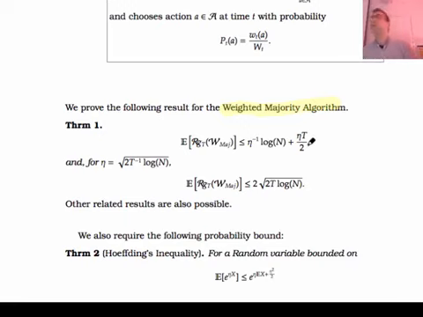If you're quite canny about the way you choose eta, then the expected regret of the weighted majority algorithm is 2 times square root of 2 t log n. In fact, for this type of problem, that's just about as good as you can do. You can ever so slightly improve this constant with this algorithm.